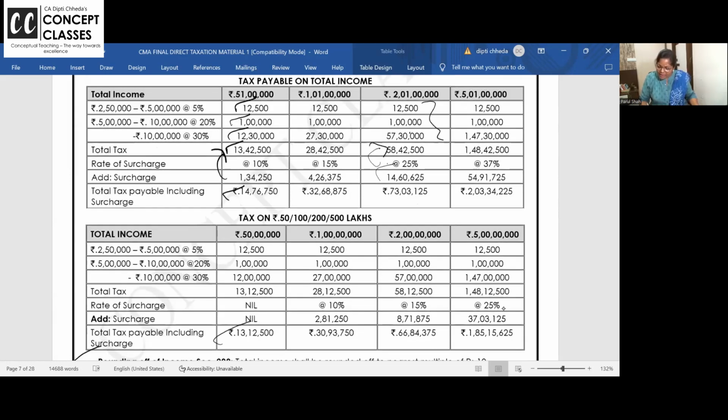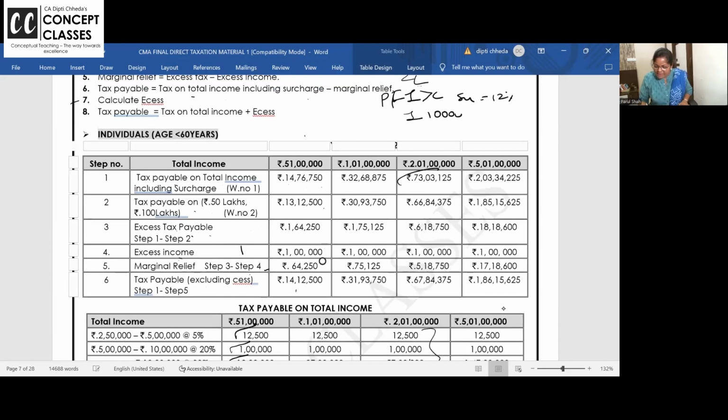Now, if your income is up to 2 crore, 1 crore to 2 crore, the surcharge is 15%. Just because income exceeded 2 crore and 1 lakh, you end up paying surcharge at 25%. So if your income is 2 crore, your tax along with 15% surcharge is 66 lakhs. At 2 crore and 1 lakh, with 25% surcharge, it is 73 lakhs.